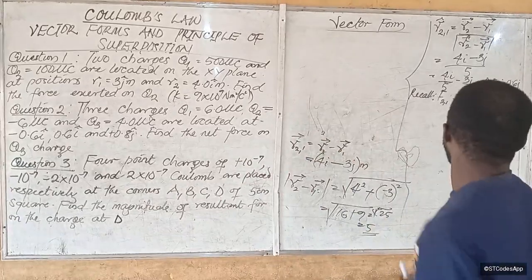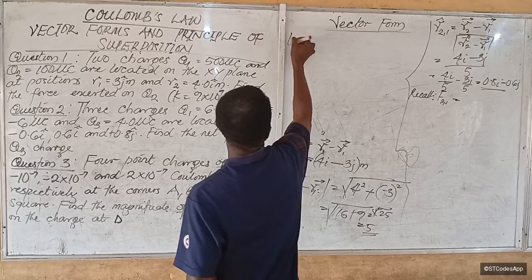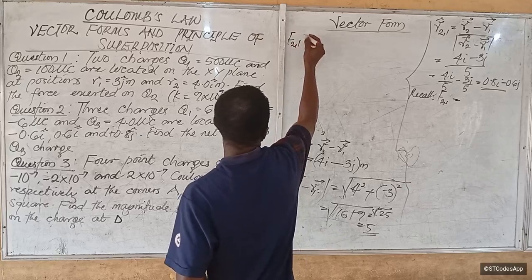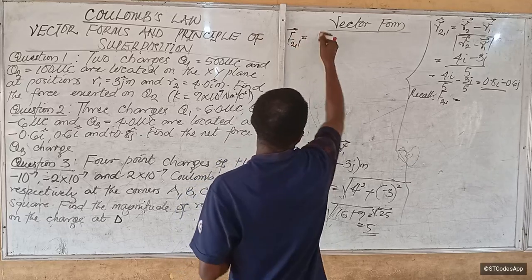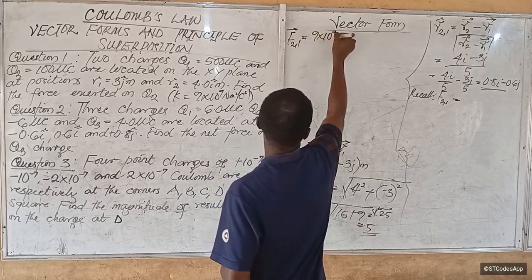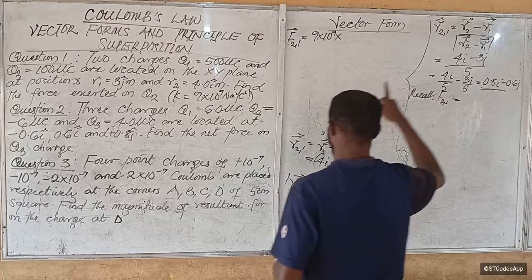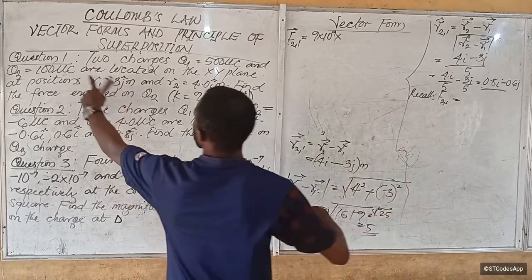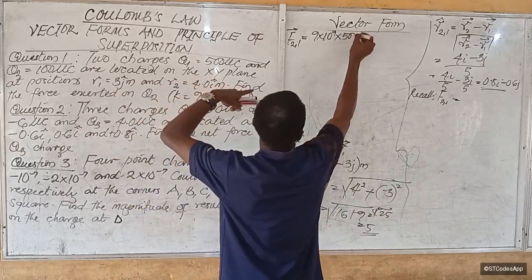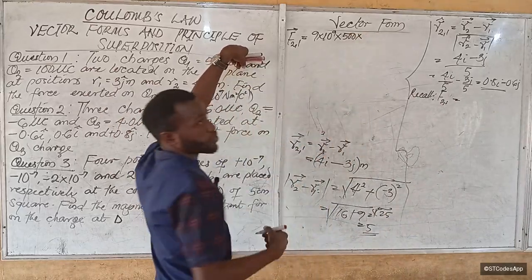So our force on 2 due to 1 will now be equal to K, which is 9 times 10 to the power 9, times Q1, which is 500 micro, times 10 to the power minus 6.